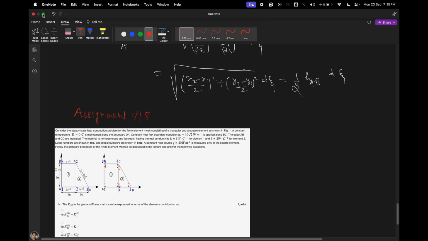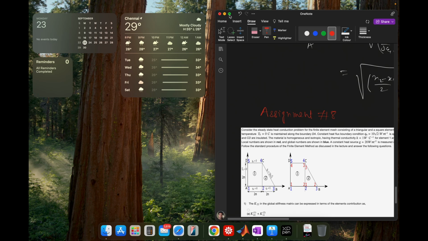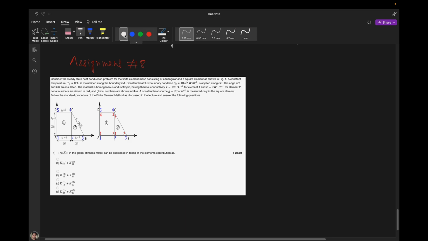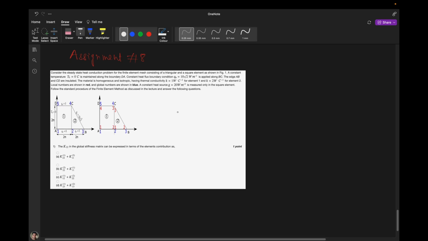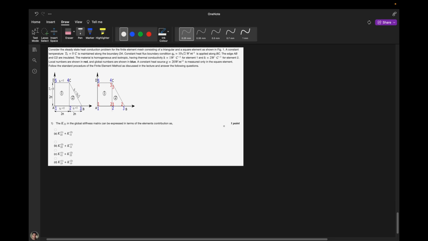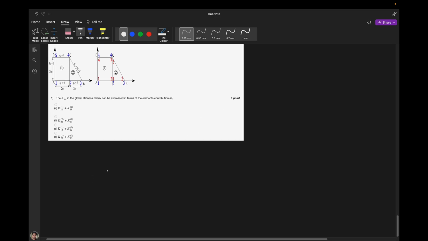Okay, so let's go to the MATLAB. First let's read this problem. It is a steady state heat conduction problem for a finite element mesh consisting of a triangular and a square element. There are two elements: one is the square element and another is a triangular element.